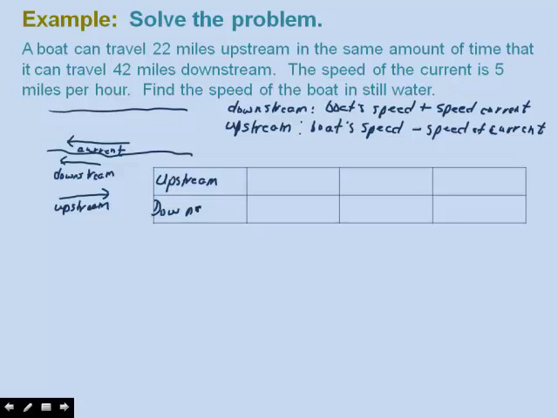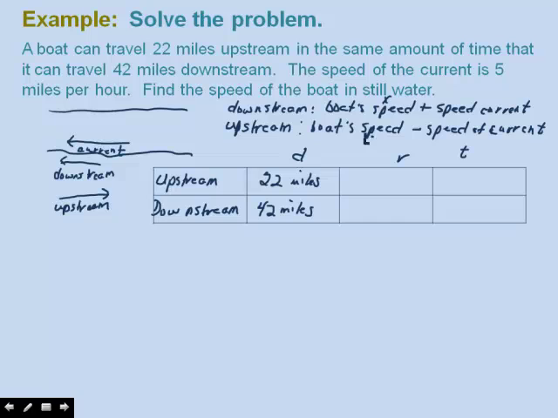Okay, so our two different parts of the trip are upstream and downstream, and we have our distance, rate, and time. So on the upstream part, the distance was 22 miles. In the downstream part, it was 42 miles. And what we're trying to do here is to find the speed of the boat in still water. So where we were talking about adding the boat speed and the speed of the current, we're subtracting the speed of the current.